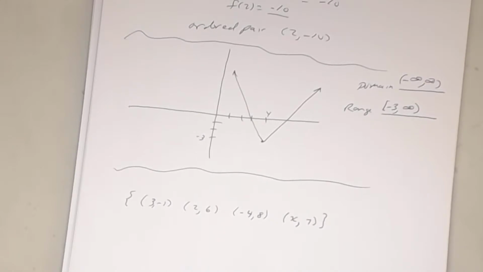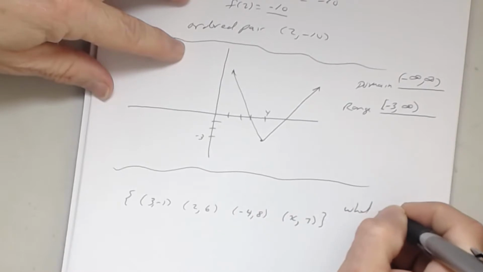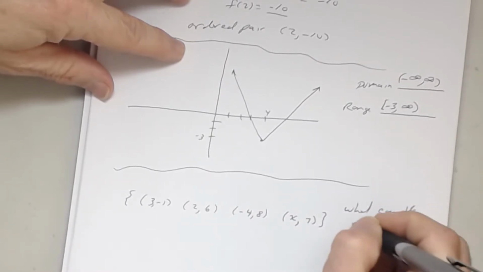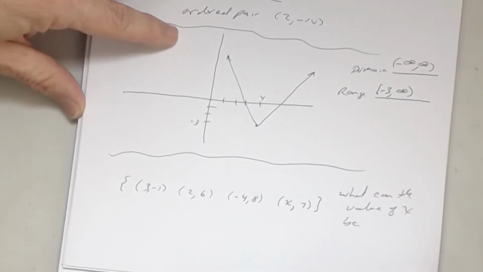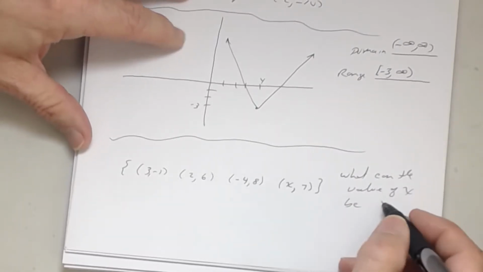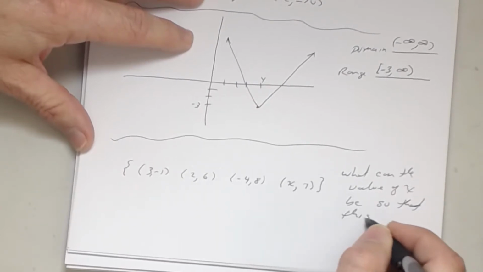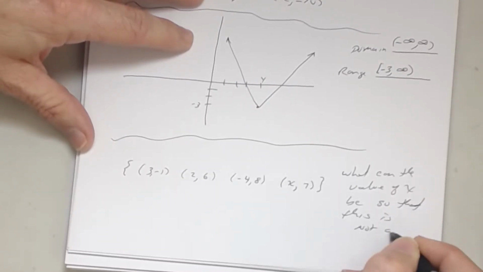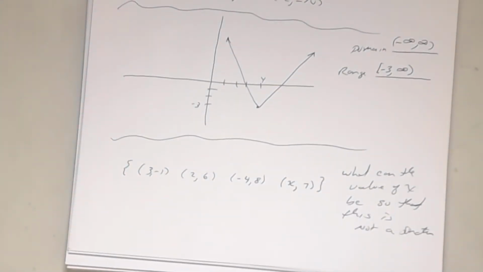Here's the question. What can the value of x be so that this is not a function? Remember the definition of function.